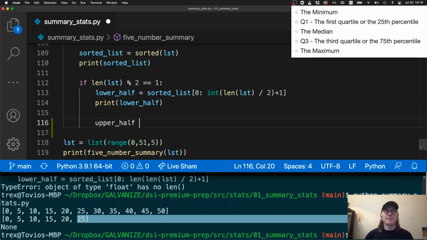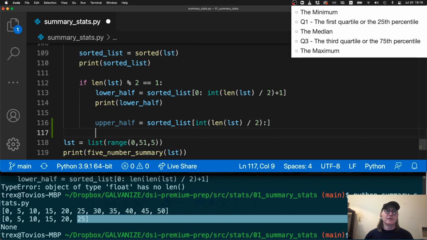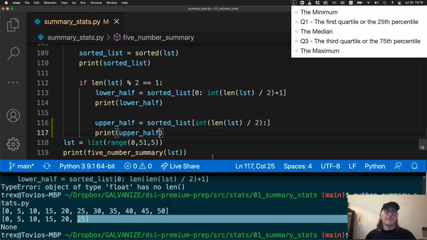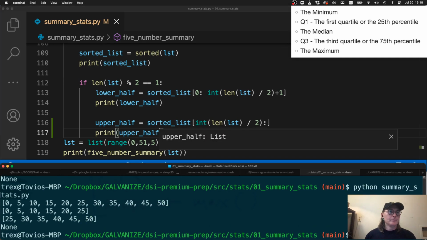Let's say upper half, and this is going to be that sorted list, and in this case, we can start here and go to the end. Let's also print the upper half while we're at it and run this again. Notice our lower half goes from 0 to 25. That's good. Upper half goes from 25 to 50.